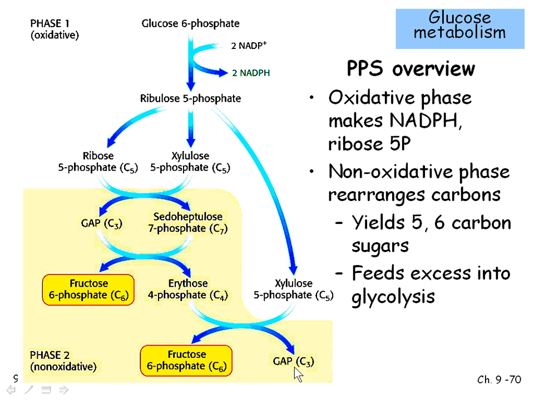So that was our reason for showing you that specific shuffling, because it's possible to take the products of the oxidative phase of the pentose phosphate pathway and make intermediates for glycolysis. So it connects back into glycolysis sometimes.